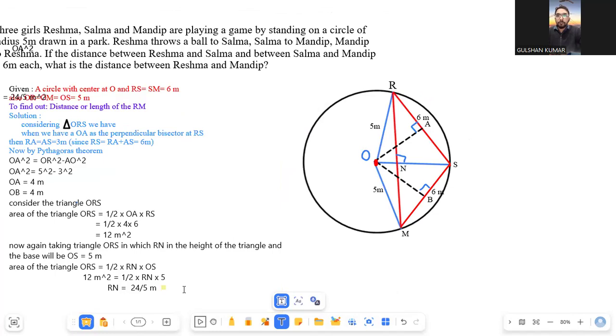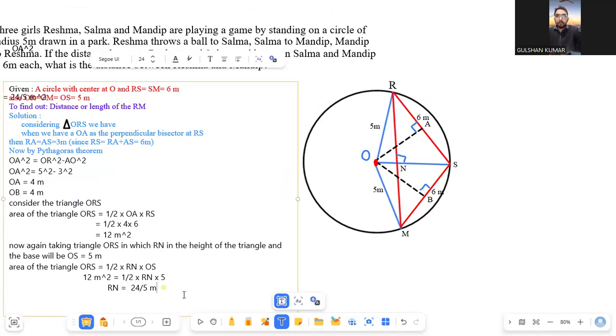So writing here that RM equals 2 of RN, so RM will be 2 multiplied by 24 by 5.